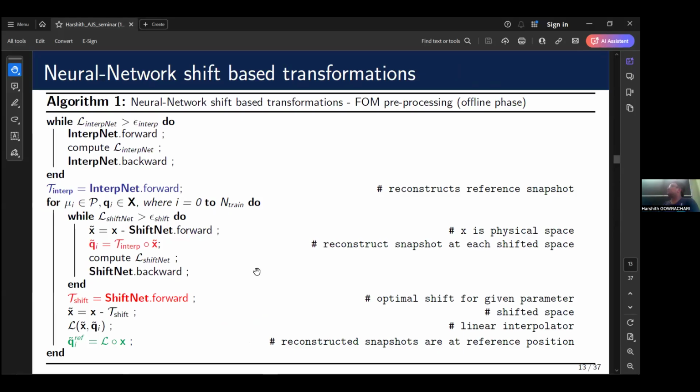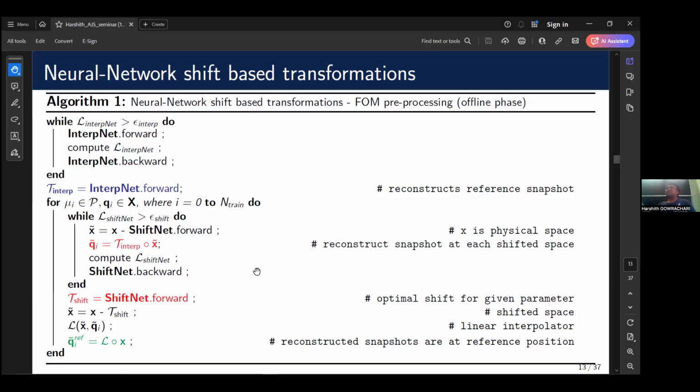But this also adds another layer of reconstruction error, right? If this model has some error, then the tolerance is 10 to the power minus 6. Once you have a finite element solution, which is your reference solution, you can just use that as a model, interpolating on it.